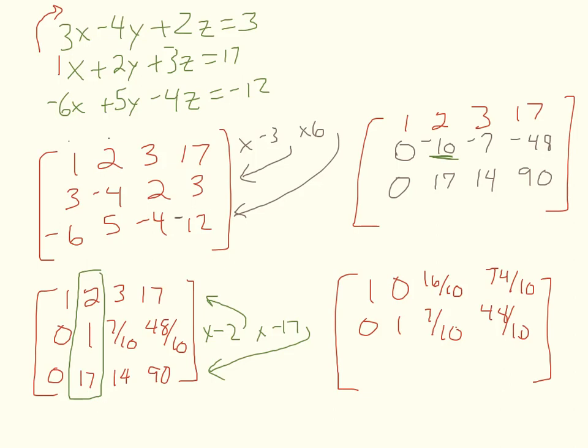And then we go to the next column. 0 times negative 17 is 0. 0 plus 0 is 0. 1 times negative 17 is negative 17. Plus 17 is 0. Again, we like that. Now 7 times negative 17 gives you a negative 119. Okay? And 14 times 7 is 98.